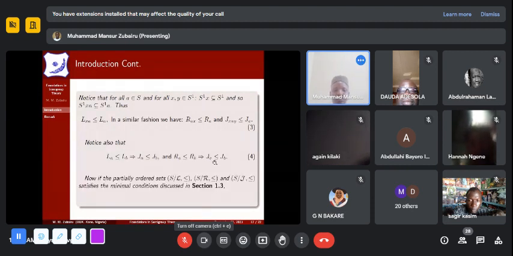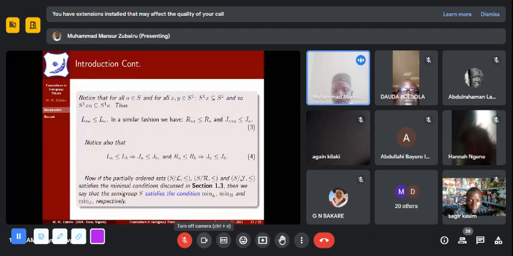Now, if the partially ordered set satisfies the minimal conditions which we discussed in section 1.3 in our previous lectures, then we say that the semigroup S satisfies the conditions min L, min R, and min J respectively.